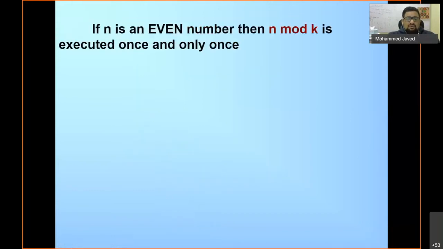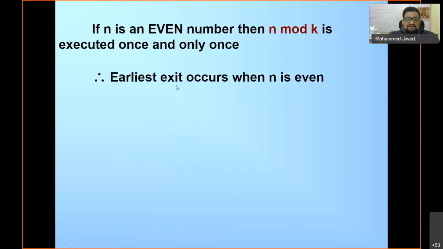Now let us analyze this particular algorithm. We saw that if n is an even number, then n mod k is executed once and only once.